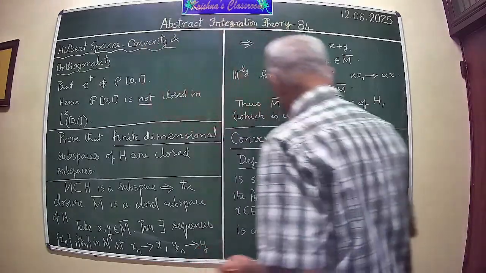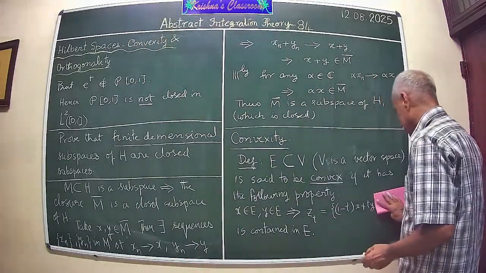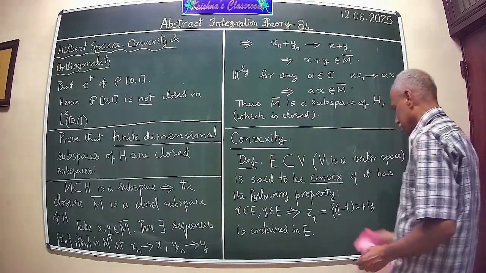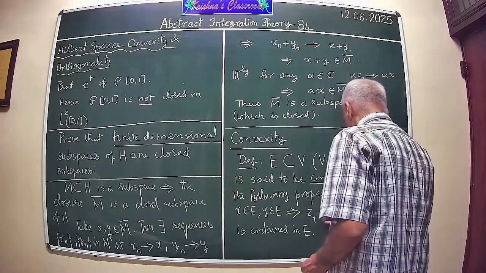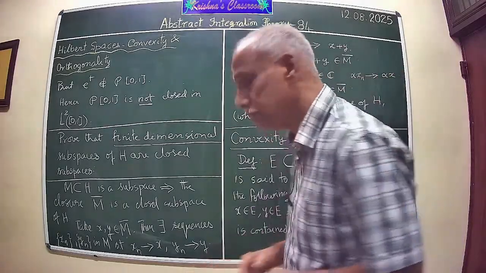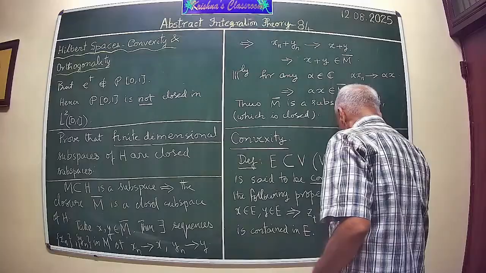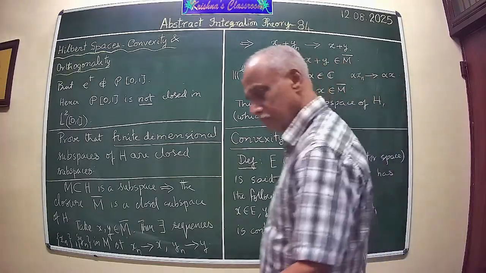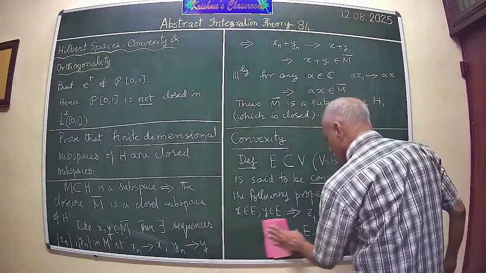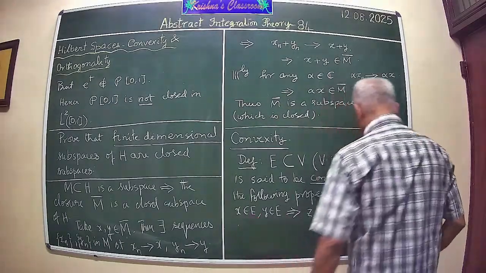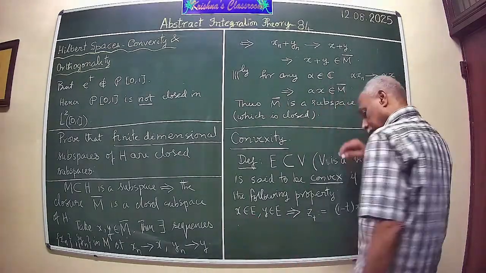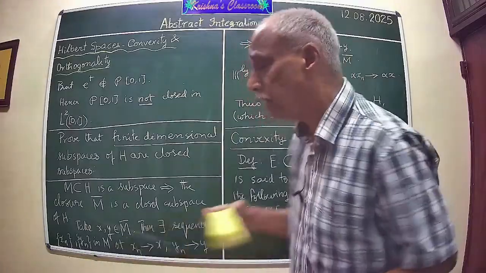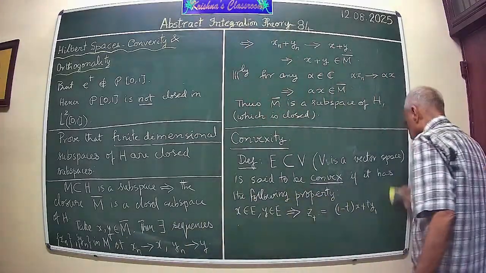Zt I take as a vector. Then of course I take Zt to be this. I wrote it right. For t belonging to the open interval (0, 1).